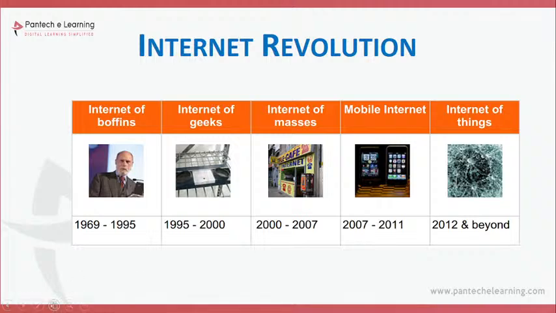So in 1969 to 1995 there is the Internet of Boffins. In 1995 to 2000 there is the Internet of Bricks. So these are the masses and mobile networking, like 1G, 2G, like this we are using updated 4G and 5G.